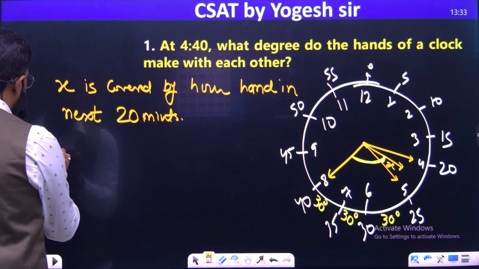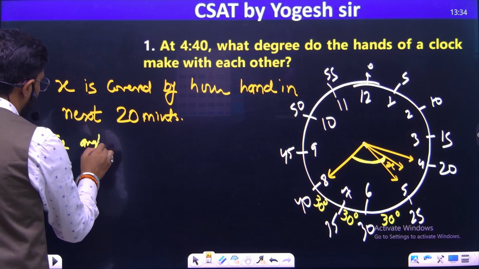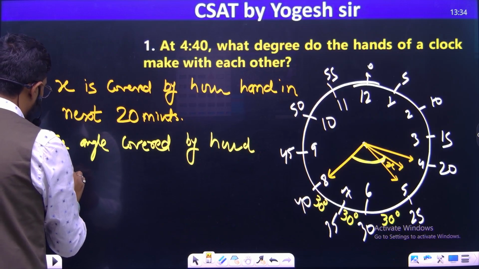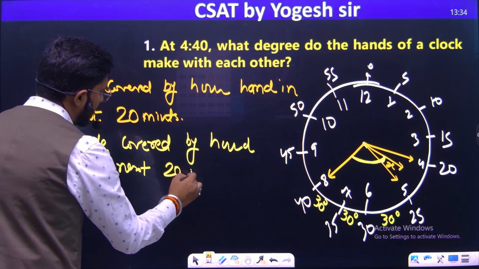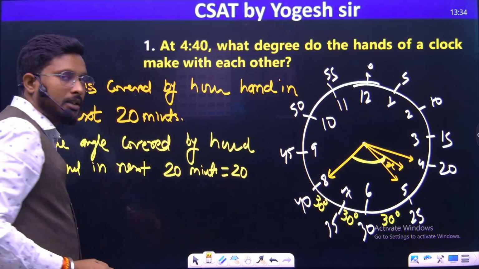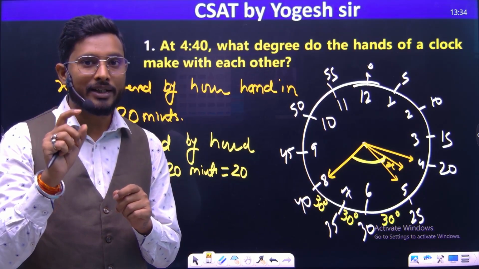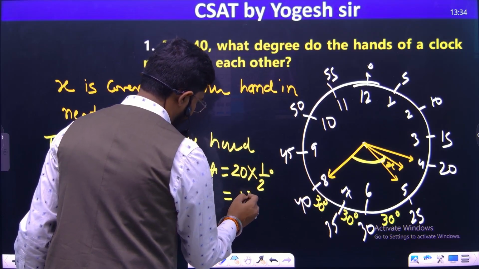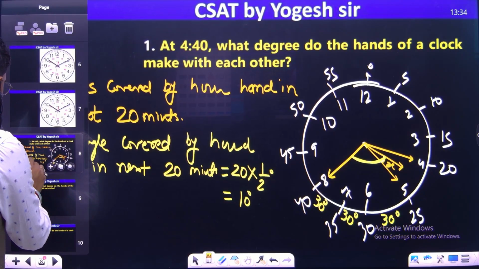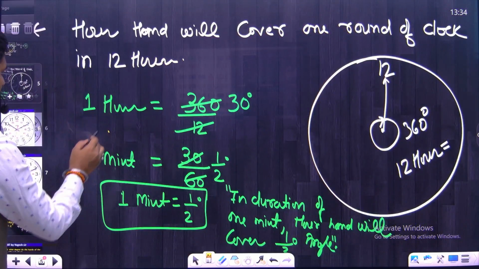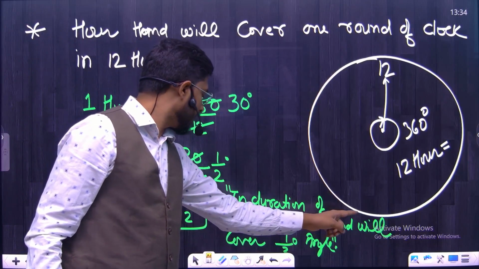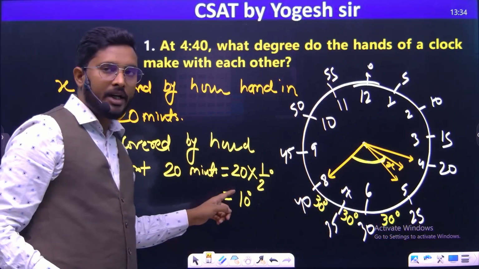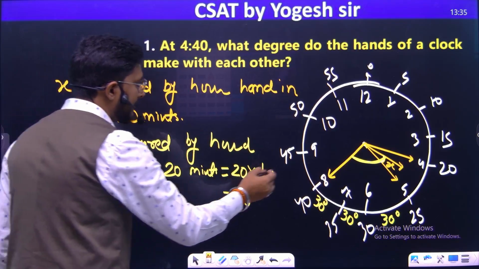The angle covered by the hour hand in 1 minute is half a degree, so in 20 minutes the angle covered is 20 into half, that is 10 degrees. So the value of x is 10 degrees.